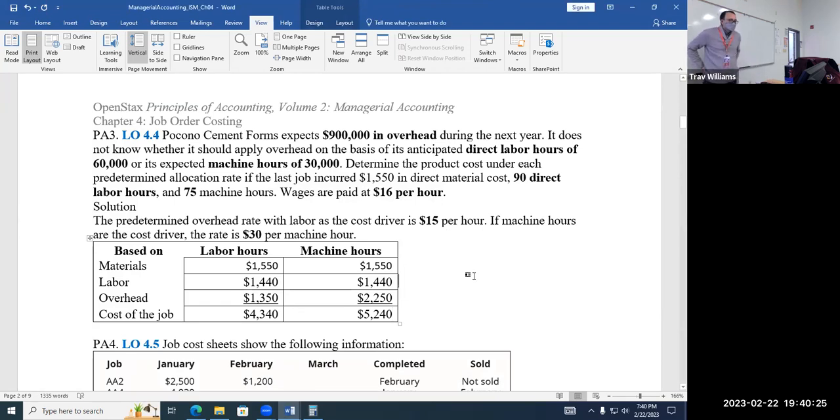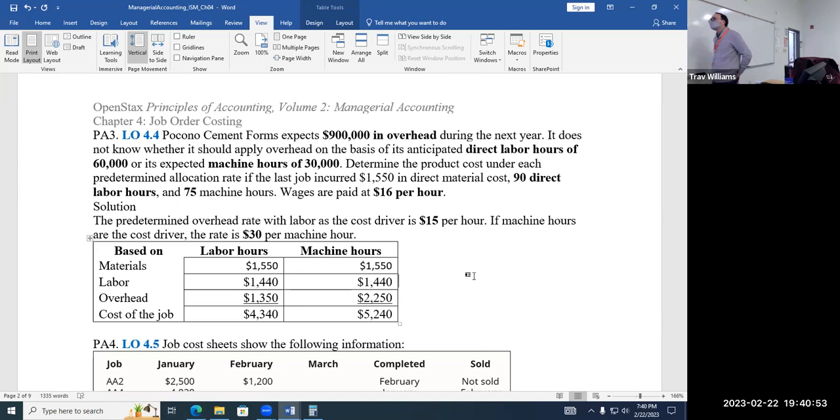So, which approach did they use? Now that they've done this analysis and compared this job under both circumstances, did they go with labor hours or machine hours? Was that labor, because it's cheaper? Yeah, labor is cheaper, but remember, they're going to have the same overhead costs either way, they're just dividing it amongst their different jobs, right?